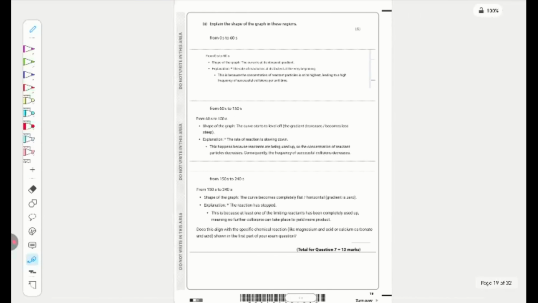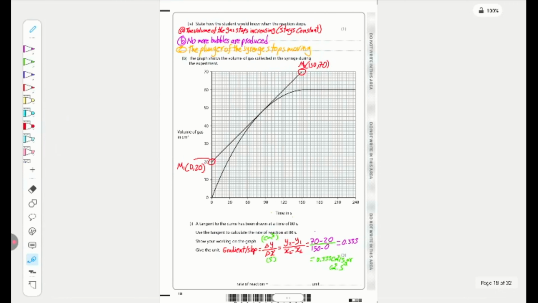And then from 60 to 150, from 60 here till 150 here, the slope or the gradient becomes a little bit leveling off. Leveling off means the rate of reaction, or the quickness of reaction, starts to be a little bit lower and lower.